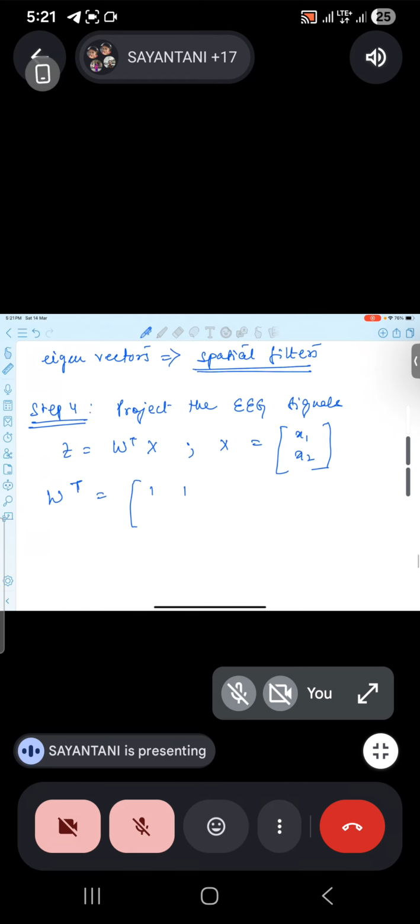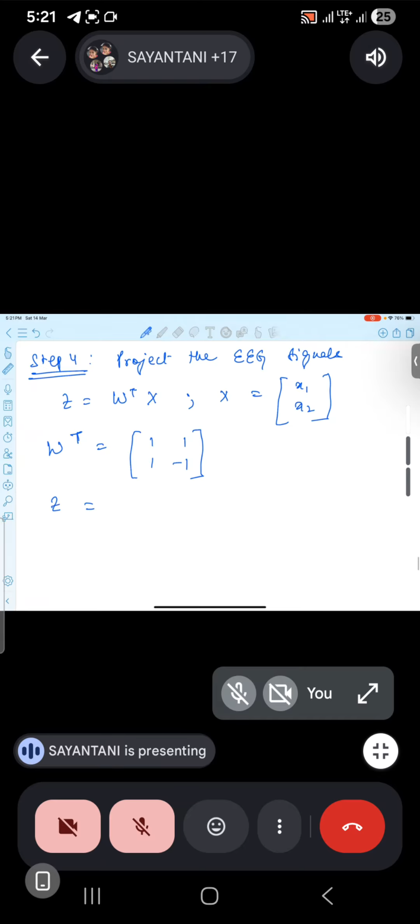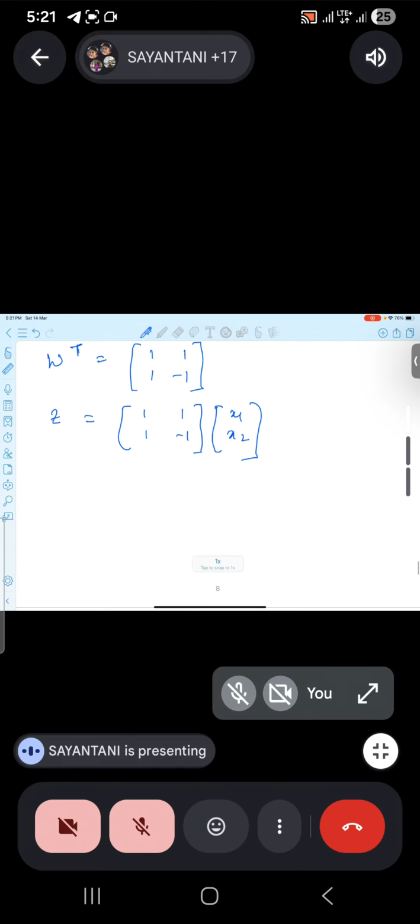You get something like this. So for Z, and you have these two X1, X2 components. So if you solve this, Z will also have two components. That means Z can also be written as Z1, Z2, right? So if I am solving this equation, Z1 is equal to X1 plus X2 and Z2 is equal to X1 minus X2. Okay.